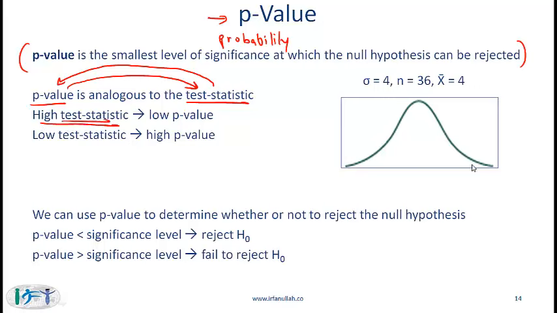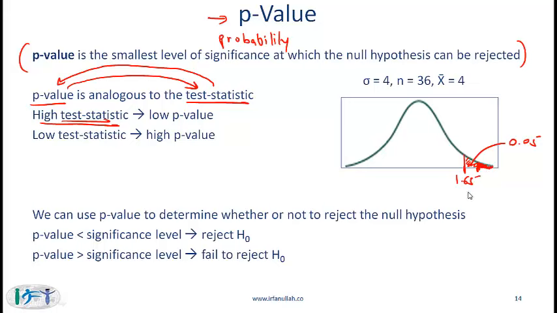So let's say that you have a test statistic that is equal to 1.65. If the test statistic is 1.65, then the p-value is this probability to the right of 1.65. So that p-value then is 0.05. If your test statistic is 1.96, then the p-value becomes smaller. Then it is this area over here, which is 0.025.